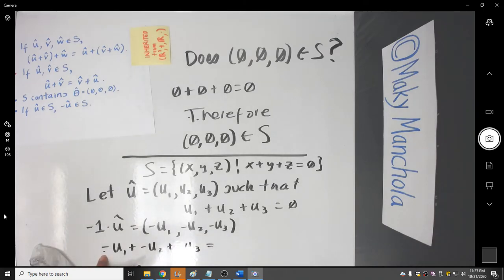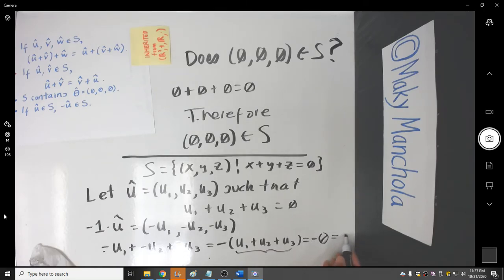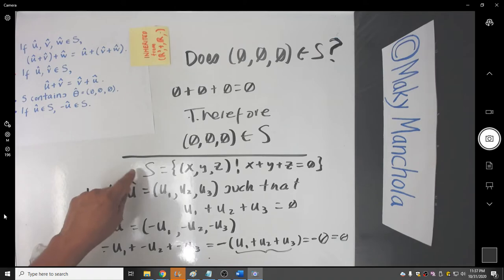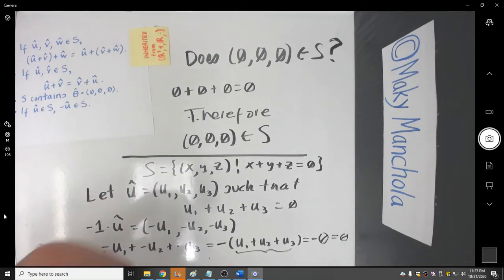Now, here is a negative sign. This is an addition of real numbers, so I can factor out the negative sign. But I know that U1 plus U2 plus U3 equals 0. So I end up with negative 0. Well, negative 0 is just 0. Okay, so confirmed. For this set S, whenever there is an element U in S, its opposite is also in S.